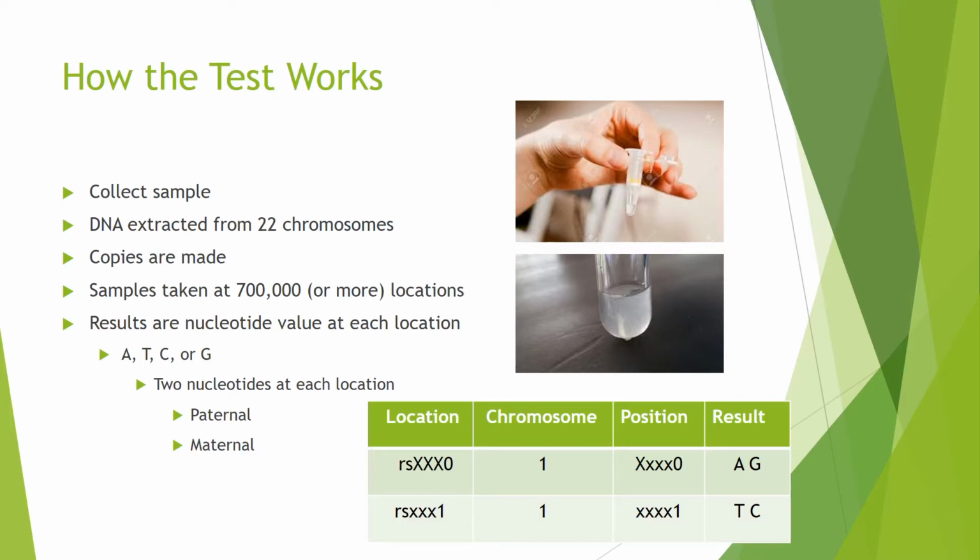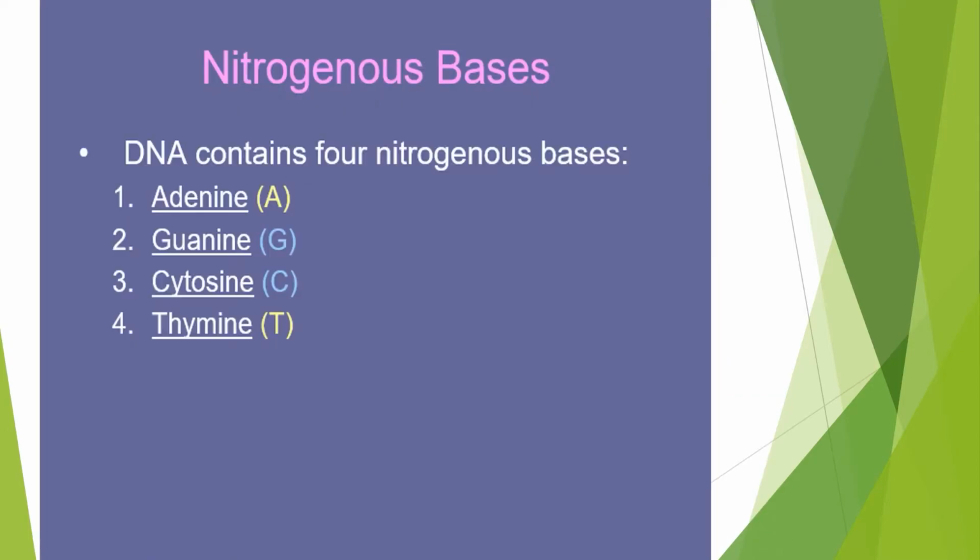Then samples are taken at over 700,000 or more locations to see the nucleotide value at each location. Remember, the nucleotide has 3 parts, sugar, phosphate, and nitrogenous base. So there are 4 possibilities, adenine, thymine, cytosine, or guanine.